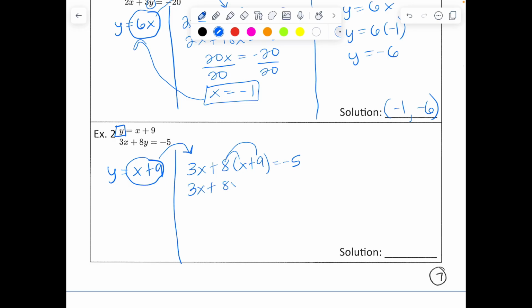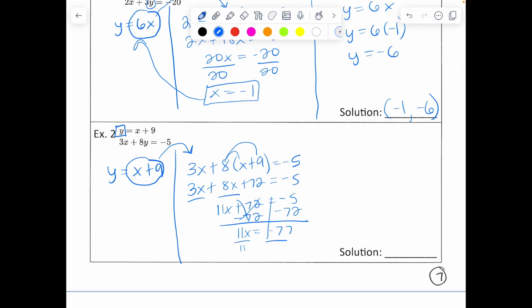That's 8 times x, which is 8x. That's 8 times 9, which is 72. Then I can combine like terms. That 8x and 3x combine to make 11x. Then I can solve just like I normally would. Subtract 72 on both sides. This leaves me with 11x equals negative 77.